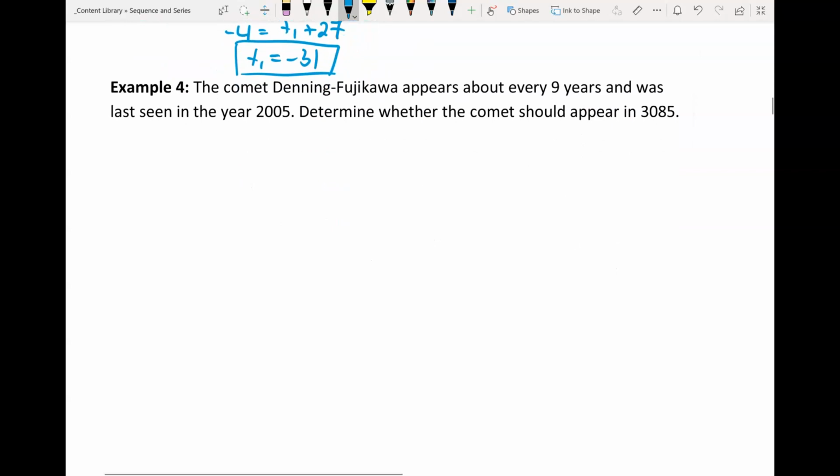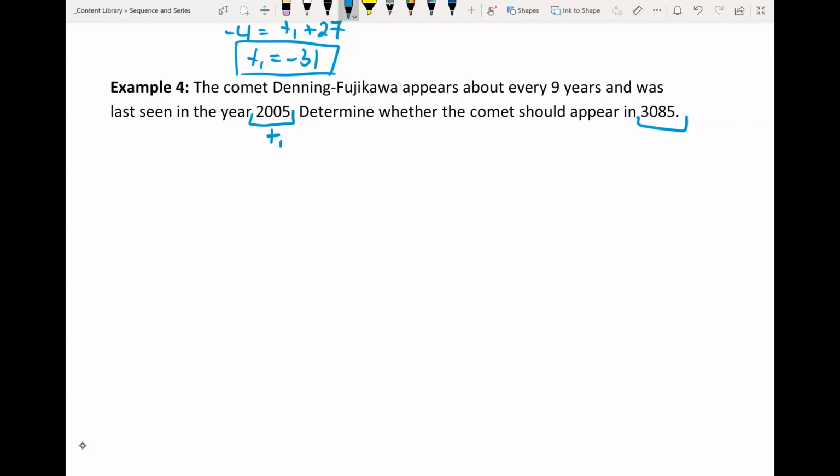One more question. The comet appears every 9 years and was last seen in 2005. Determine whether the comet will appear in 3085. So it was last seen in 2005. I'm going to call this T1 as the first term because that is kind of our baseline of the year.